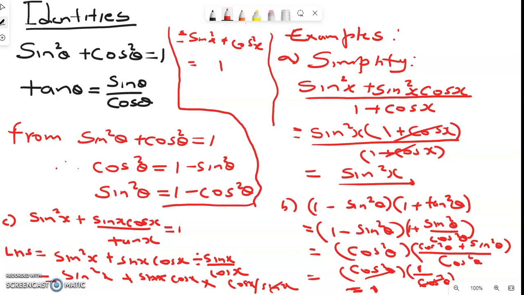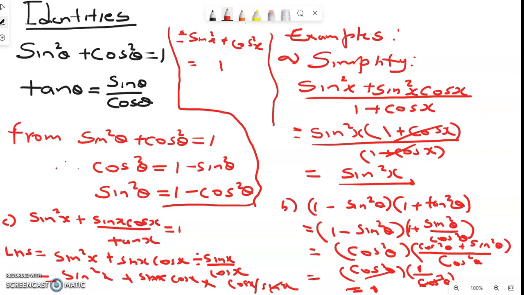Let me repeat this for the sake of reinforcement. We have the left hand side and the right hand side. Usually you must take the more complicated side and simplify it. In this case, on the right hand side we have 1, and there is nothing that we can really do to simplify 1, so we choose the left hand side.